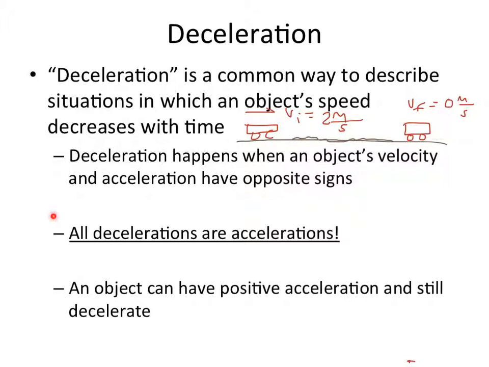So the point here is all decelerations are accelerations. They're just in the opposite direction that your initial object was moving. And it is possible for an object to have a positive acceleration and still decelerate. And we'll talk about that on the next slide right here.